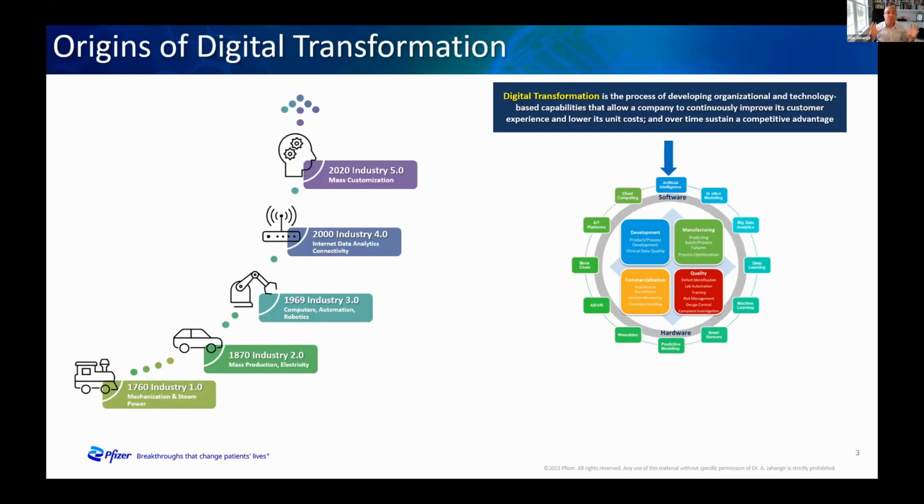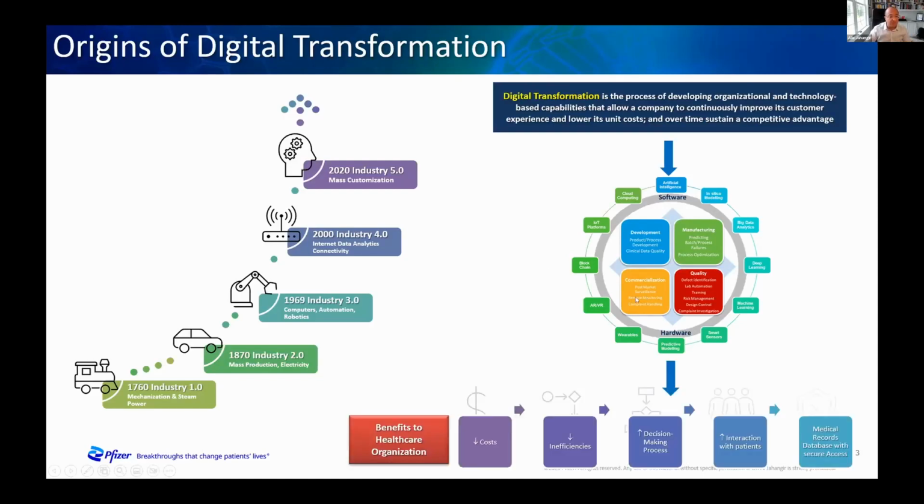And it essentially is revolutionizing and changing the business as we see today. In other words, it's impacting development, manufacturing and commercialization, and quality, to improve the processes that we're working on right now.